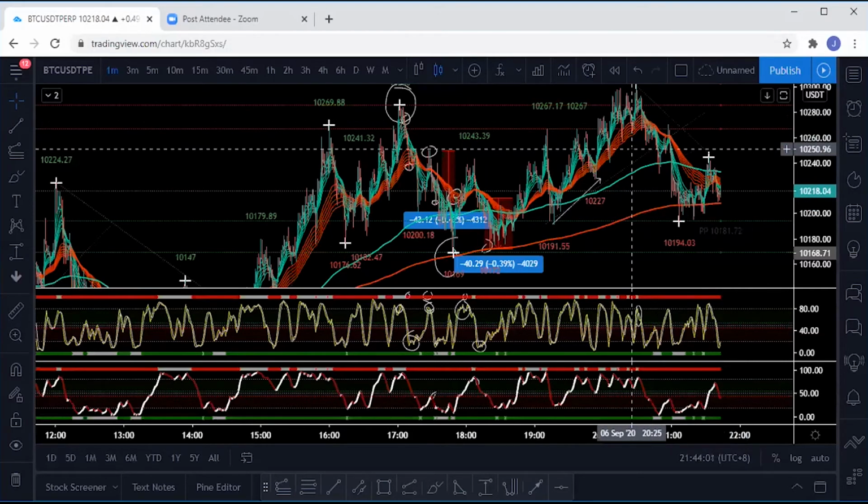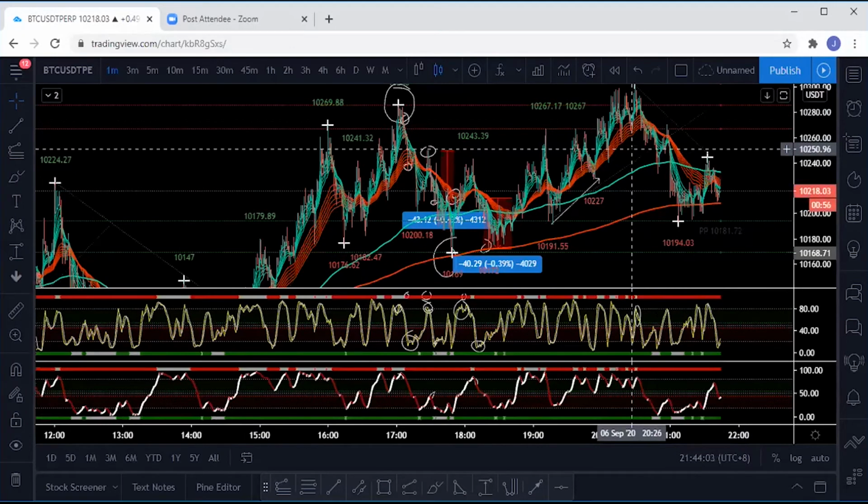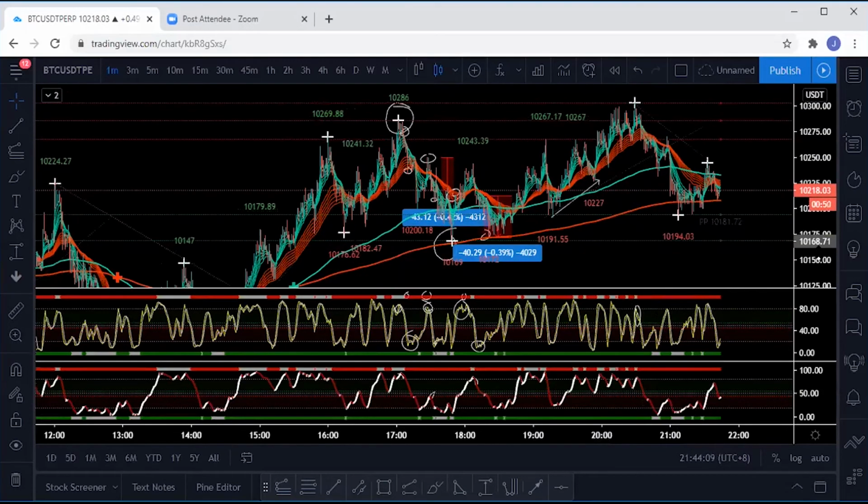Okay, so what is your next step? We assume that there is a counter divergence in 15 minutes. You already see a counter divergence in 15 minutes from bearish divergence, and then you spot a bullish divergence in 15 minutes.